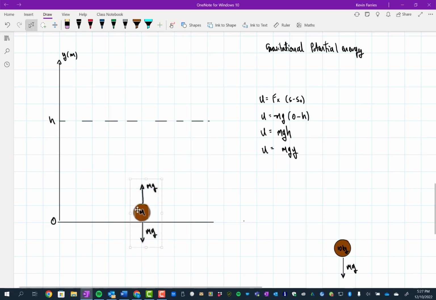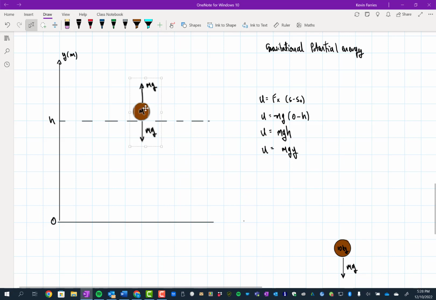The work we would have to do to lift this ball is that force times the distance, which would be positive in this case. So we'd end up again with mgh, because we're lifting it in the positive direction. The work we would have to do to lift that ball from the datum to that height h would also be mgh. Okay, so that's gravitational potential energy.